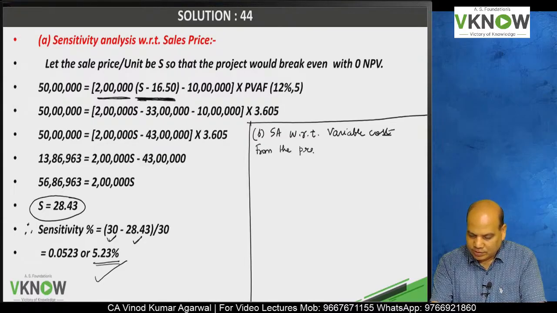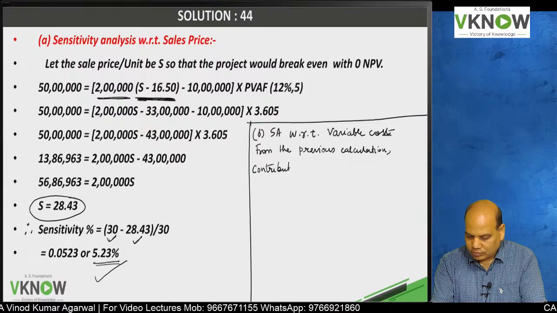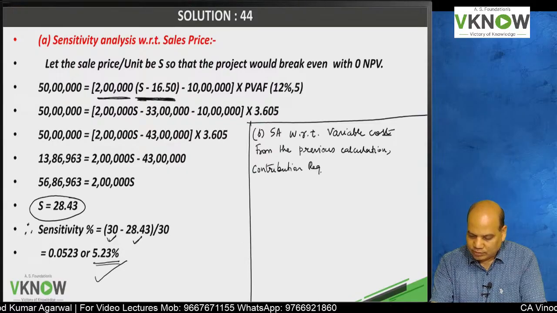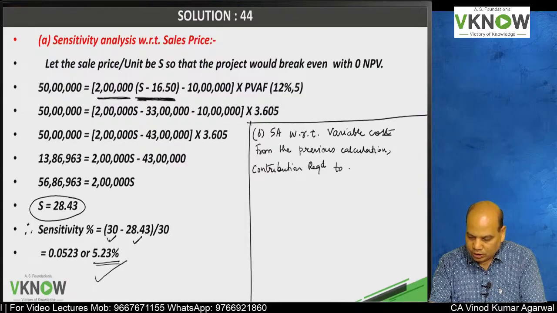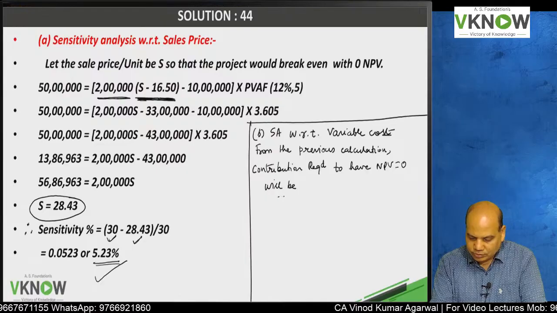From the previous calculation, the contribution required to have NPV equal to 0 will be: selling price originally was 30.